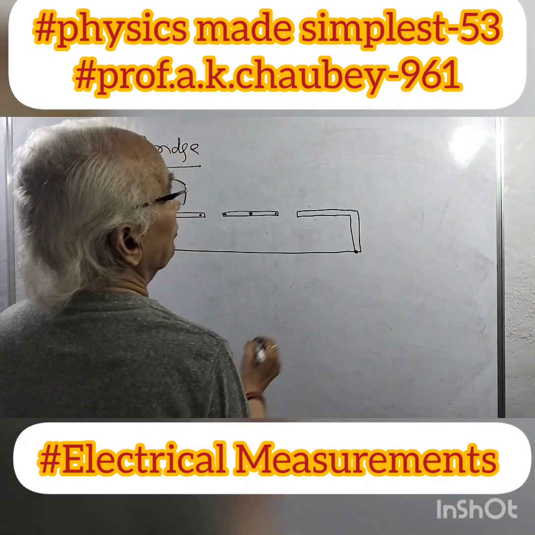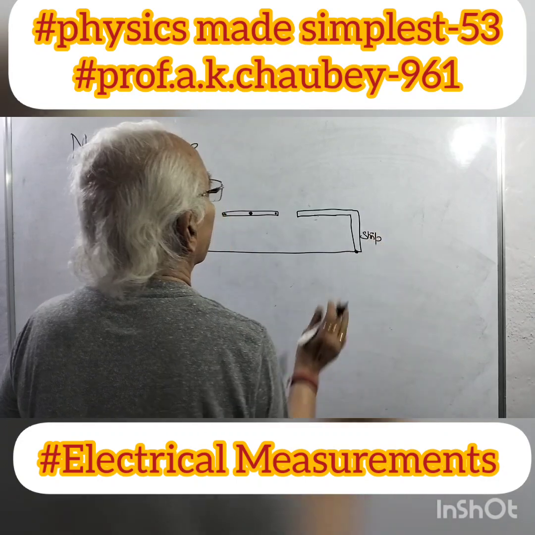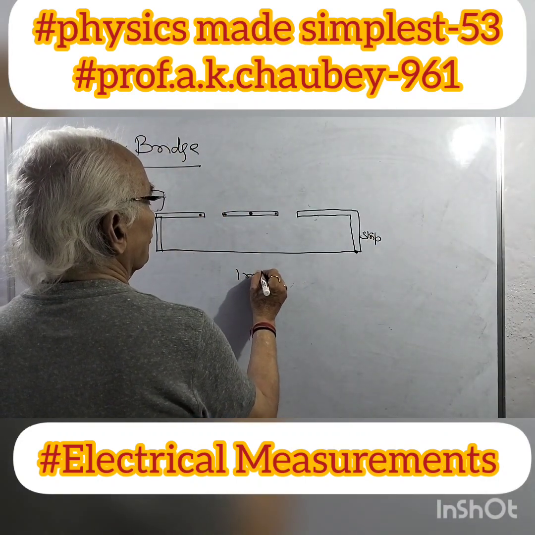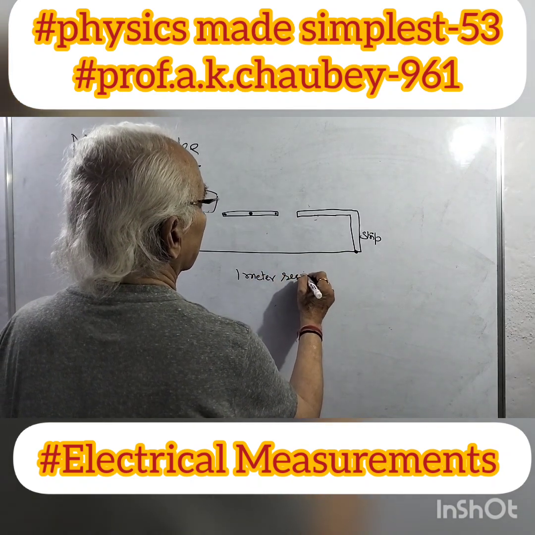There is also a gap, a strip of copper, so zero resistance. This is a 1 meter resistance wire.